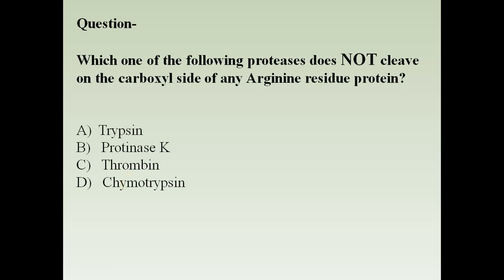The correct answer is chymotrypsin because it cleaves the C side of phenylalanine, tryptophan, tyrosine and leucine, but not of arginine. Apart from this, trypsin cleaves at arginine, and proteinase K and thrombin also cleave at arginine, but not chymotrypsin. So the correct answer is D.